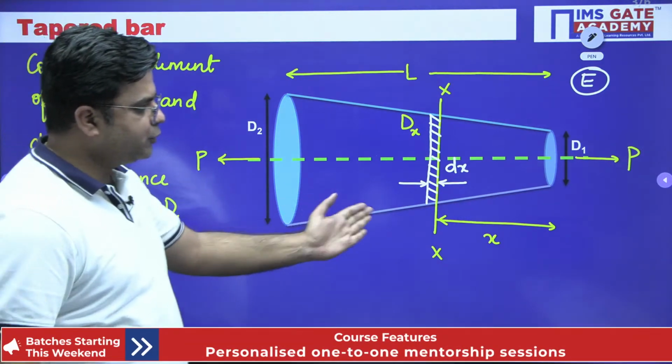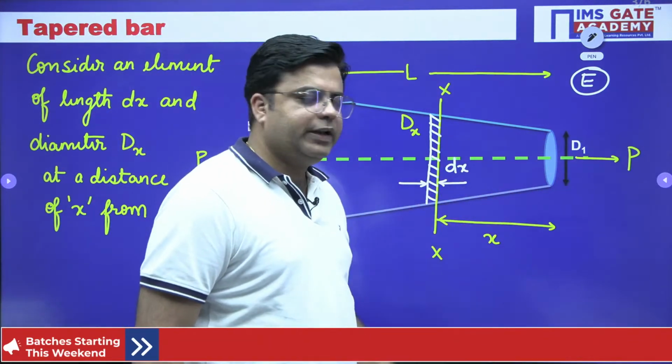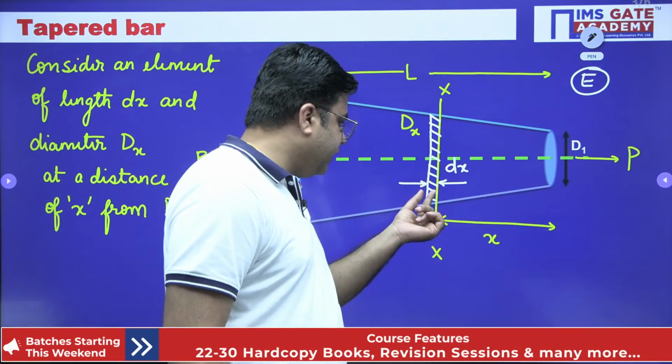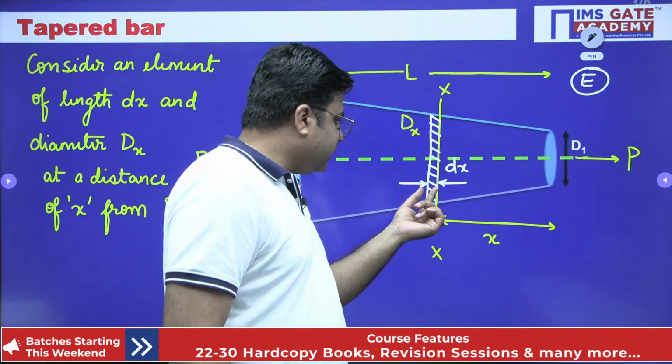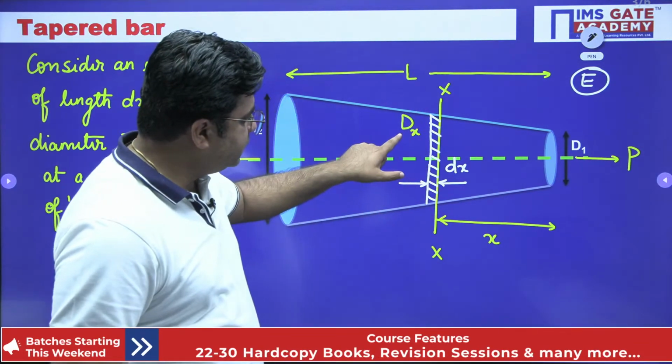So D1 is from the right side, right? So we need to consider an element of length dx, and for this length dx, the diameter is Dx.